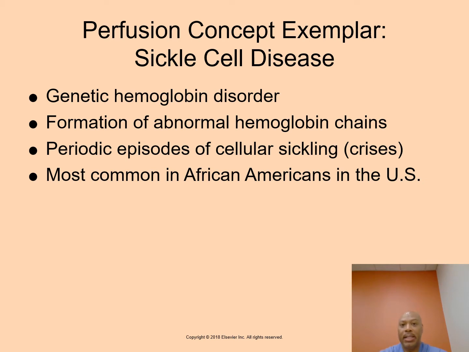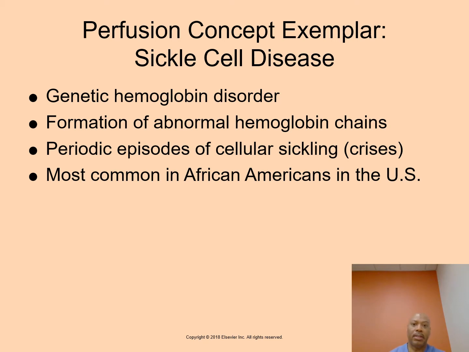What this actually leads to is sickle cells becoming very rigid and clumping together. Now, the red blood cells become sticky and they also become very fragile. Because of this, it will lead to clumped masses of sickle red blood cells that actually block the blood flow, or perfusion.